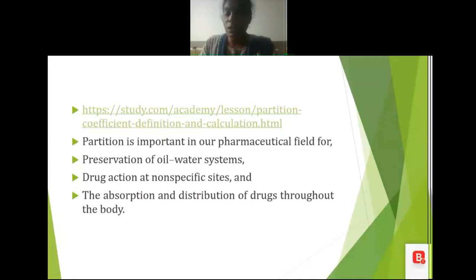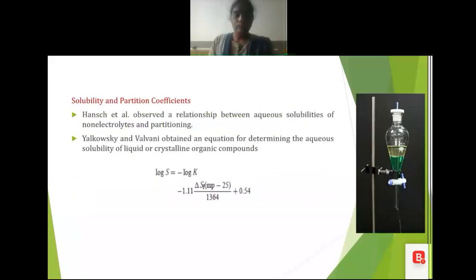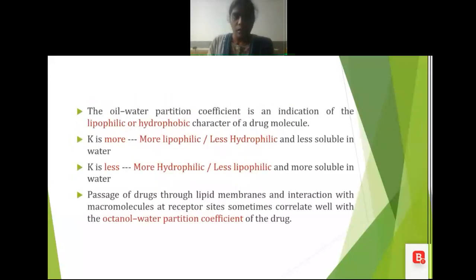How to estimate this? For knowing that, the oil-water partition coefficient of the substance will indicate the hydrophilic or hydrophobic nature of the drug molecule. How will it be given?